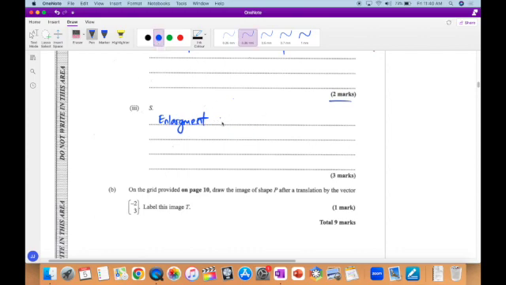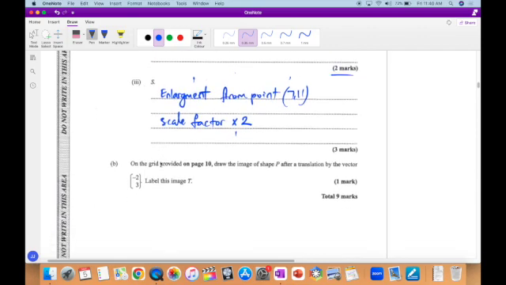We could say it's an enlargement from the center, from the point 7, 11 with a scale factor of 2. So this is 1, 2, your 3 marks there.